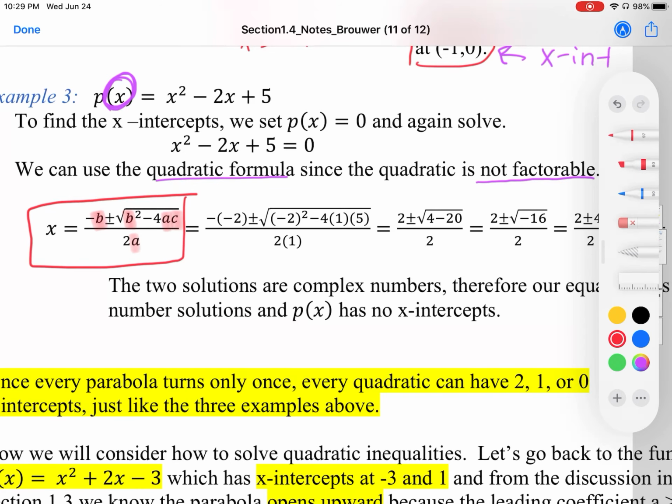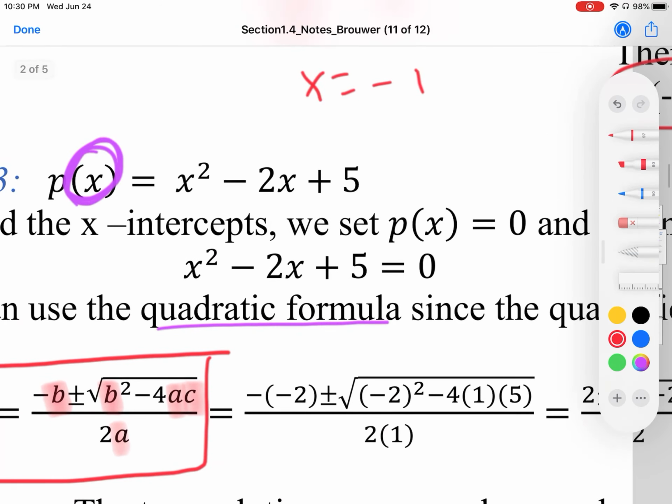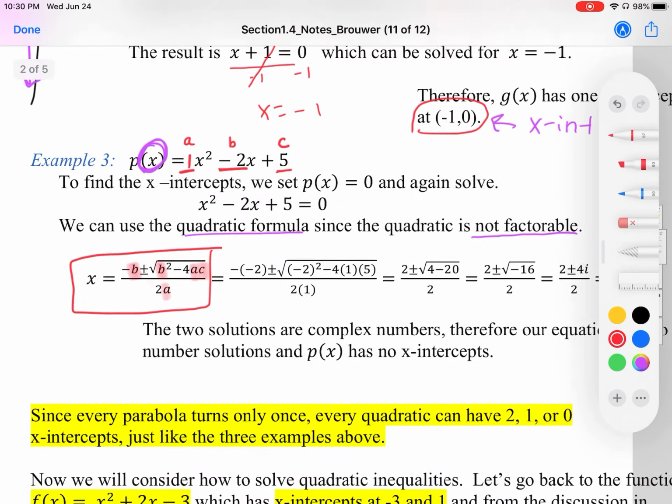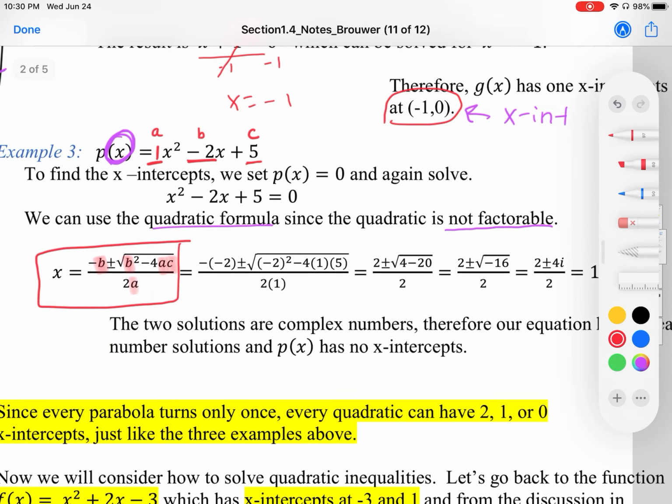From our equation above. The leading coefficient of 1 is A. The coefficient of the next term with the x is your B, and your last number is your C. A is always the one attached to the x squared. We're using the coefficients, so let's go ahead and plug in these values.